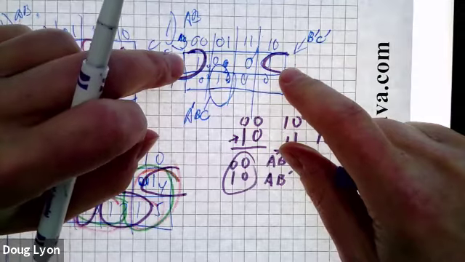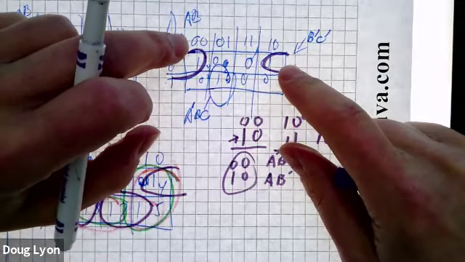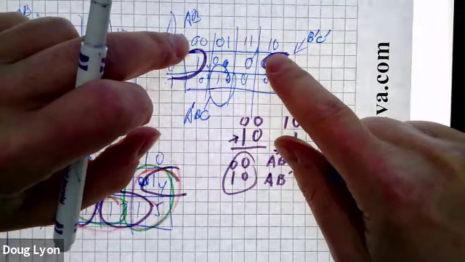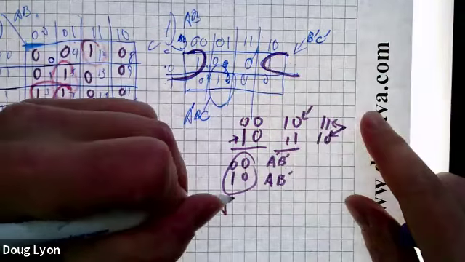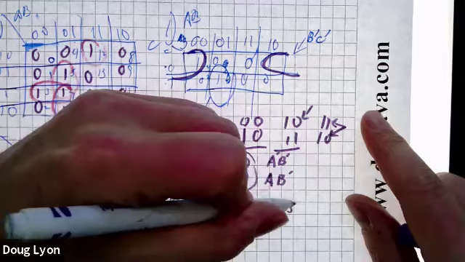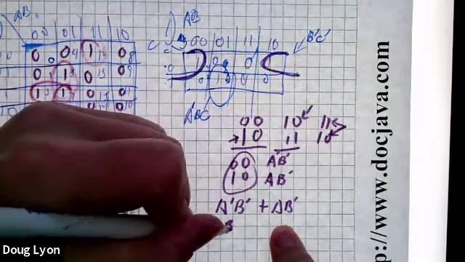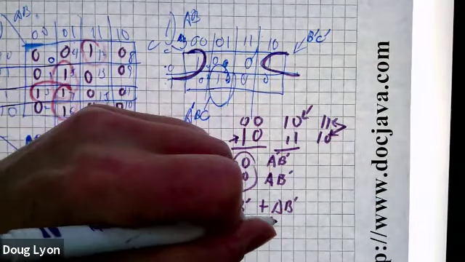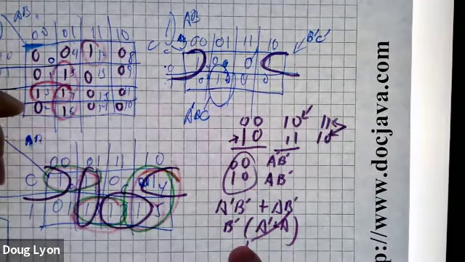These two elements are adjacent. And as I go from A prime, B prime to A, B prime, I can see how B prime can be factored out. And I can get a simplification.